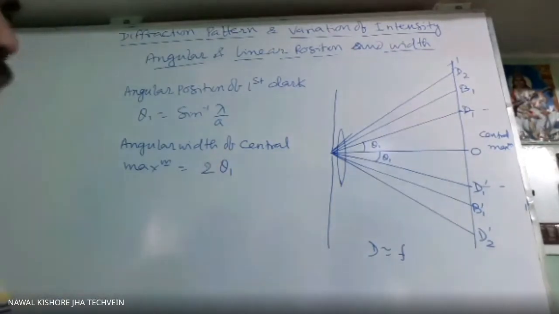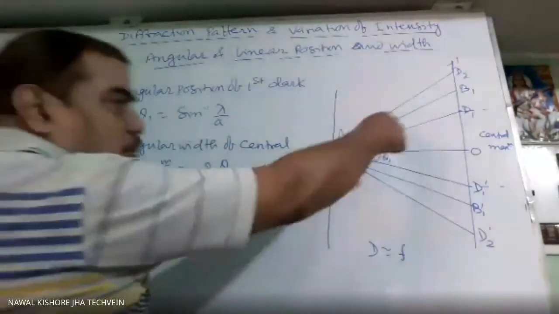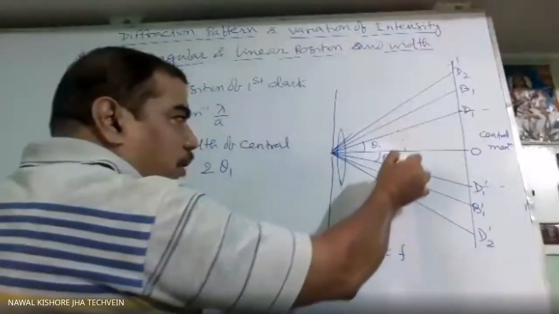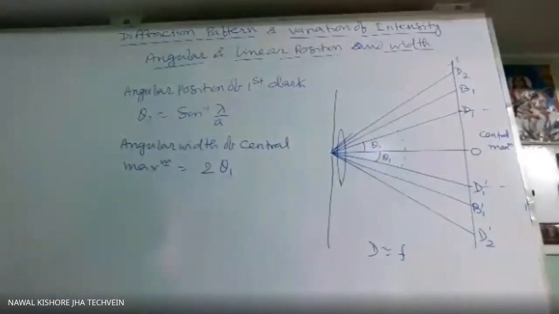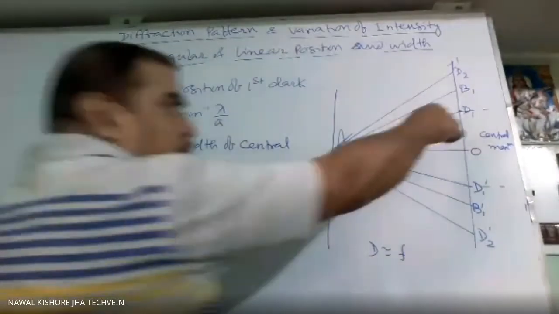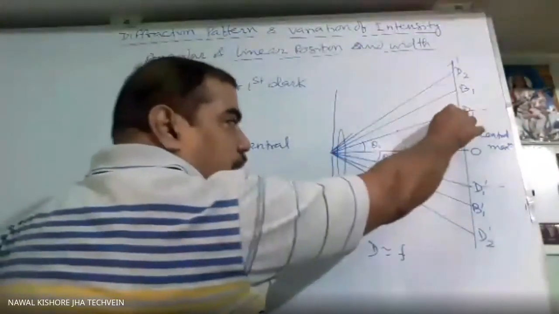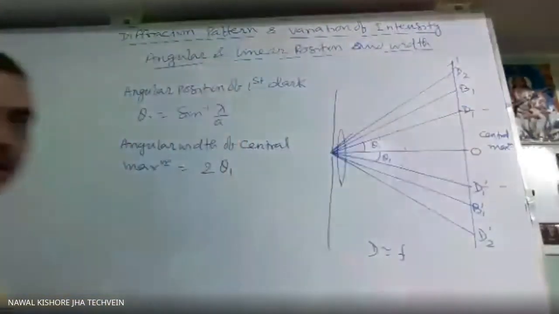And how much will it come? θ1 is this one, on this side and this side also. So from here to here is the angular width of central maximum, because central maximum is from here to here. First dark is coming here and first dark on this side is coming here.